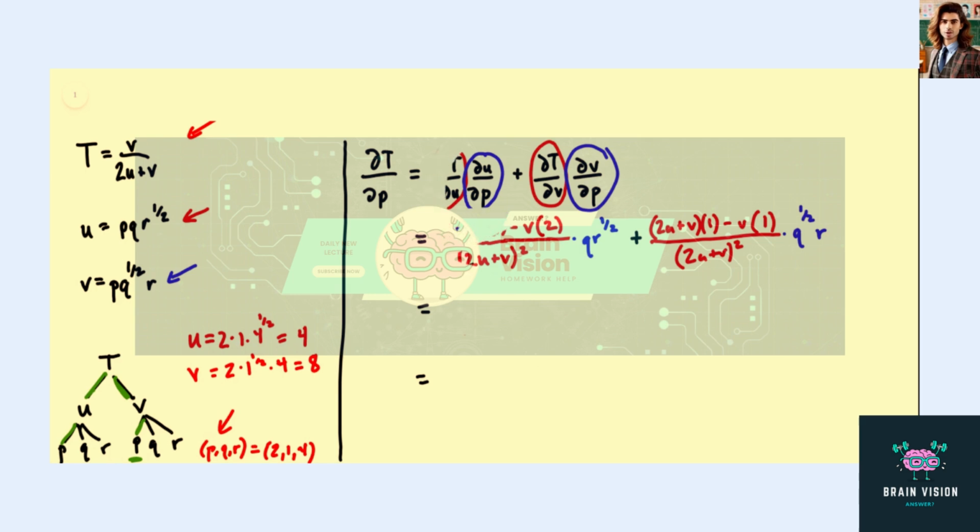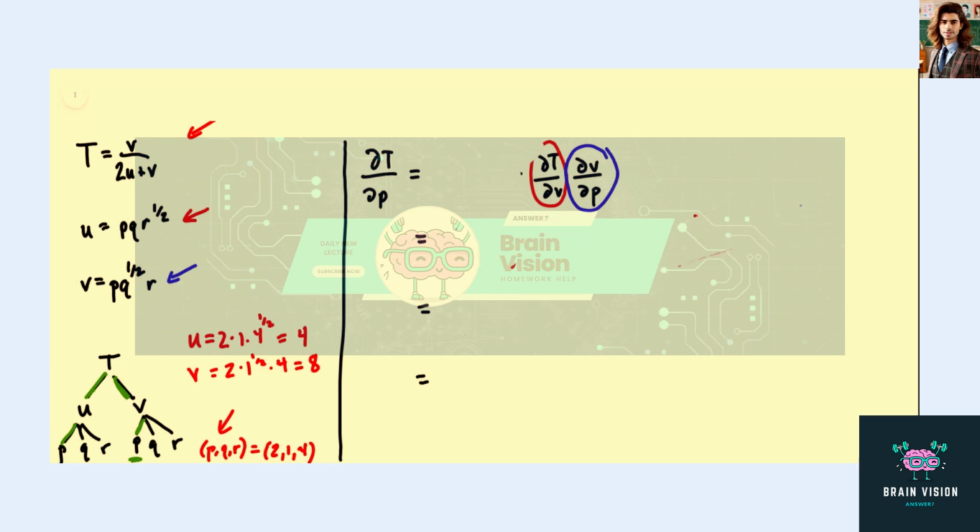So let's erase what we had, but we'll start from the same idea here. And we'll use all the information on the left, so this will be a little quicker. Good. So we now are supposed to get partial of t with respect to q.